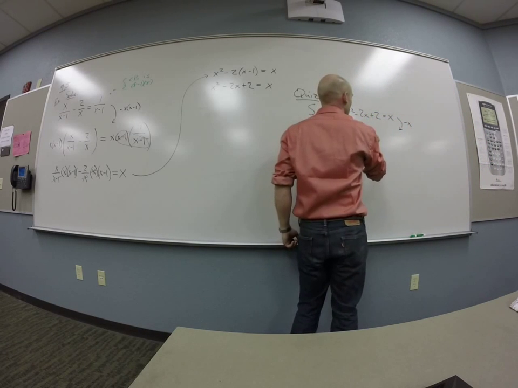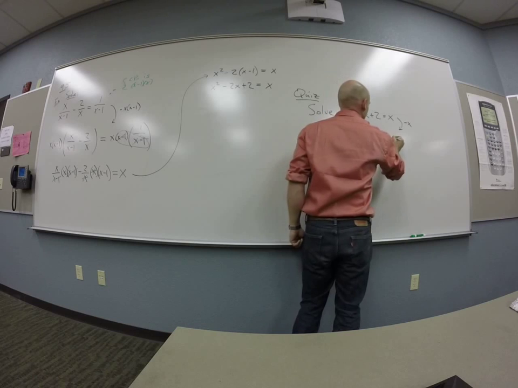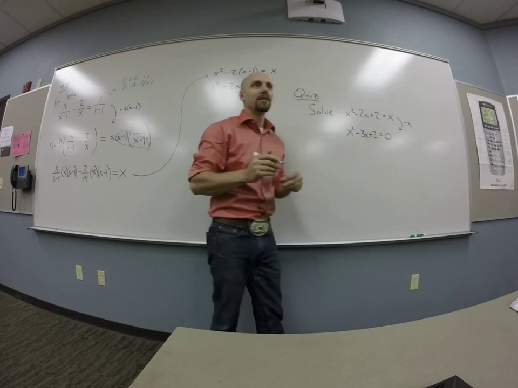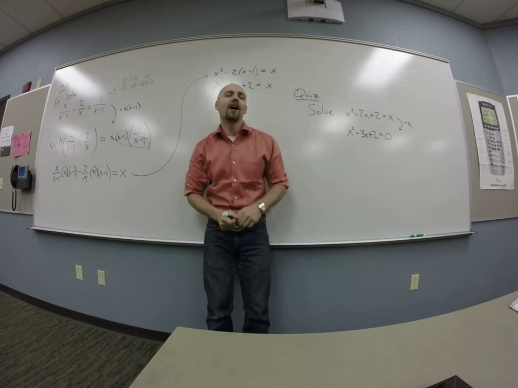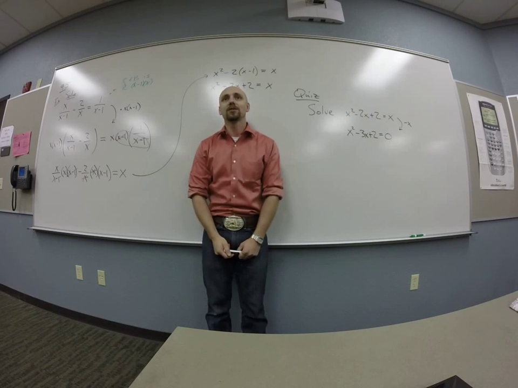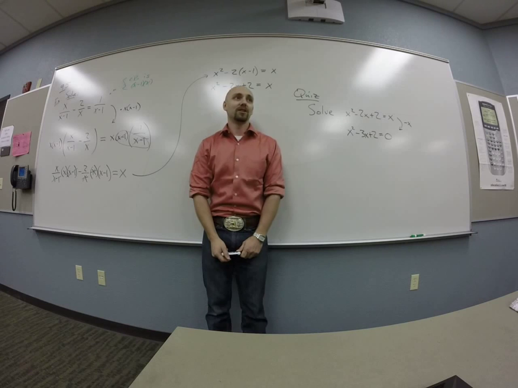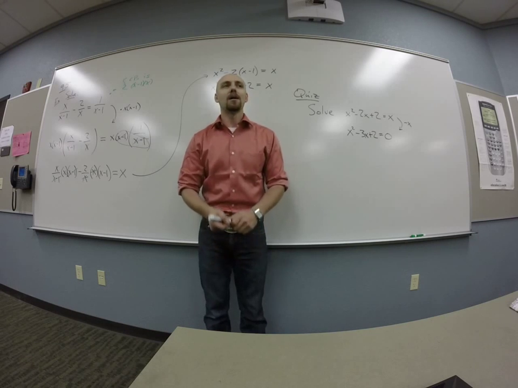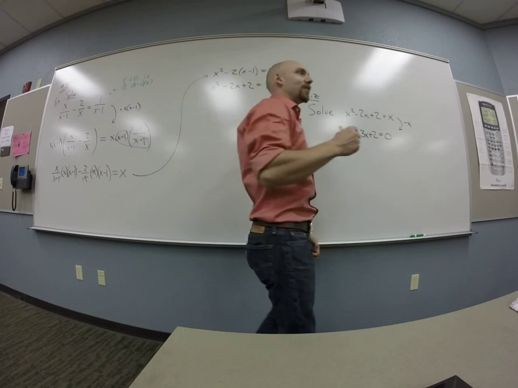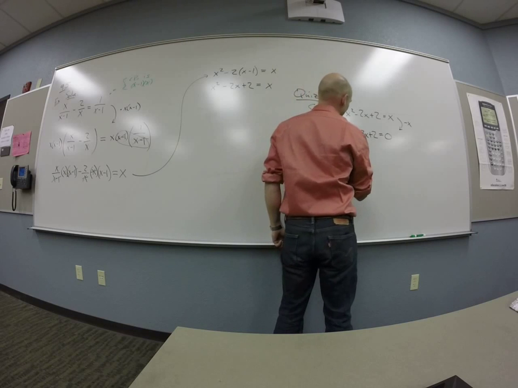Get x squared minus 3x plus 2 is 0. Now you can either quadratic formula this or complete the square or factor and use the 0 product rule. I would recommend factor and use the 0 product rule.